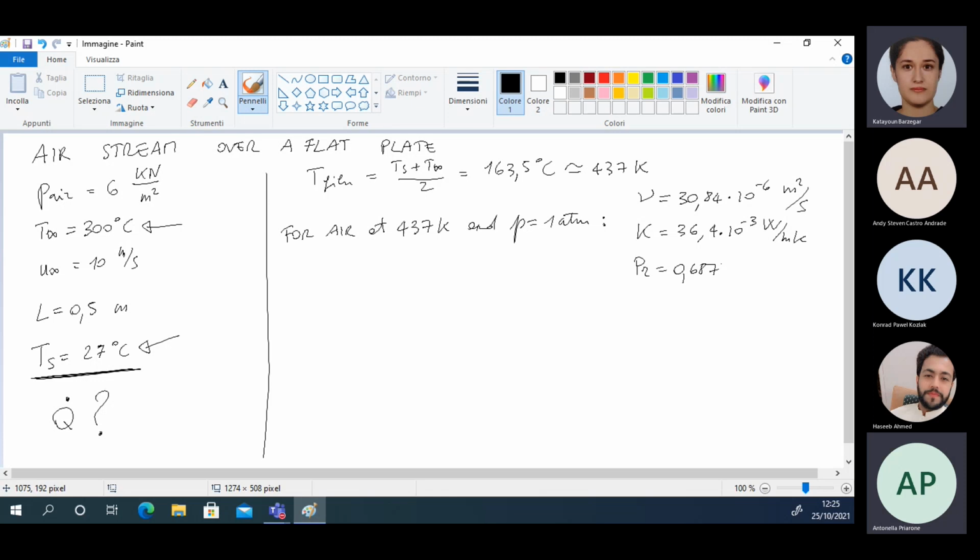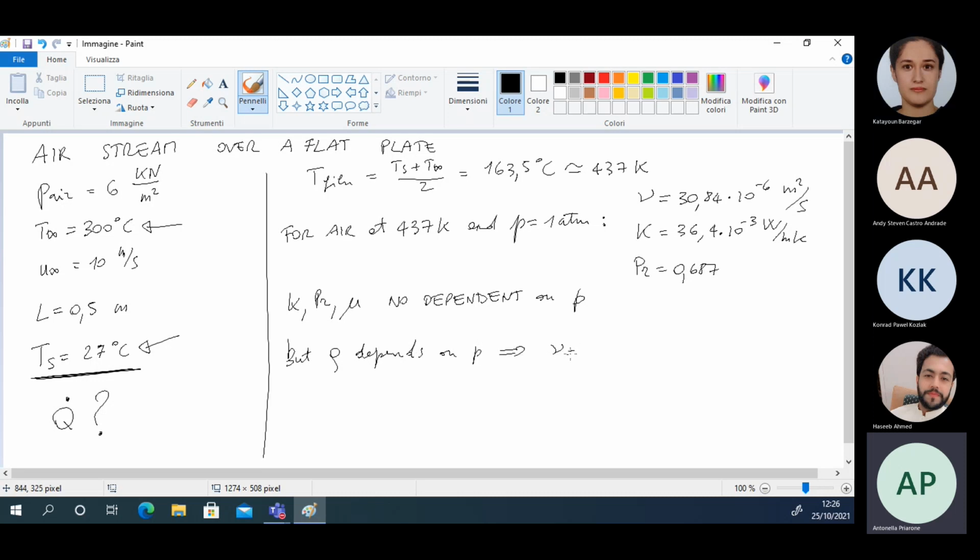We can consider that k and the Prandtl number have no dependence on P, but rho depends on P, and also the kinematic viscosity, that is the dynamic viscosity divided by rho, depends on P. And how to estimate the law of dependence of the kinematic viscosity with P?